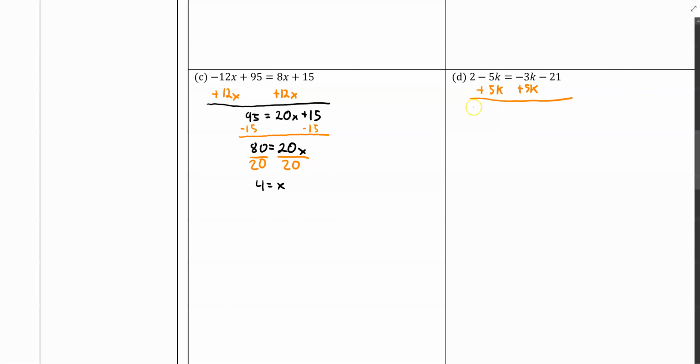This gives us 2 equals 2k minus 21. And now we can move on to isolating k.